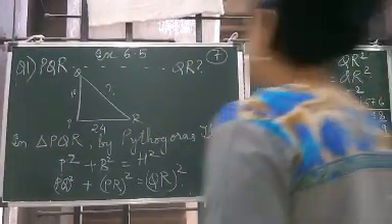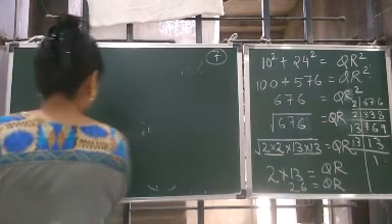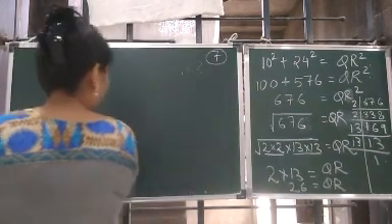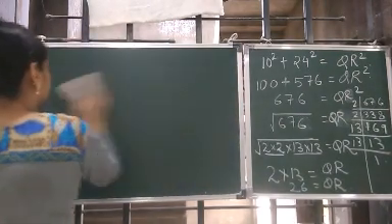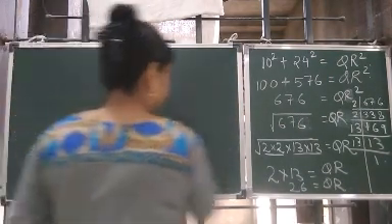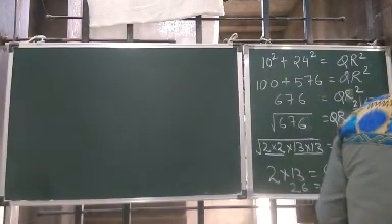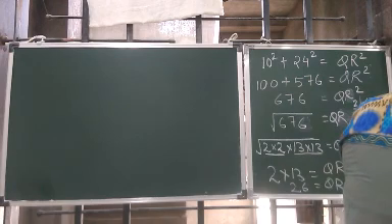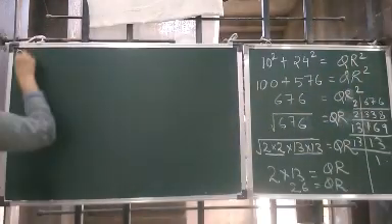Then we go to the second question. ABC is a triangle. Question number 2.